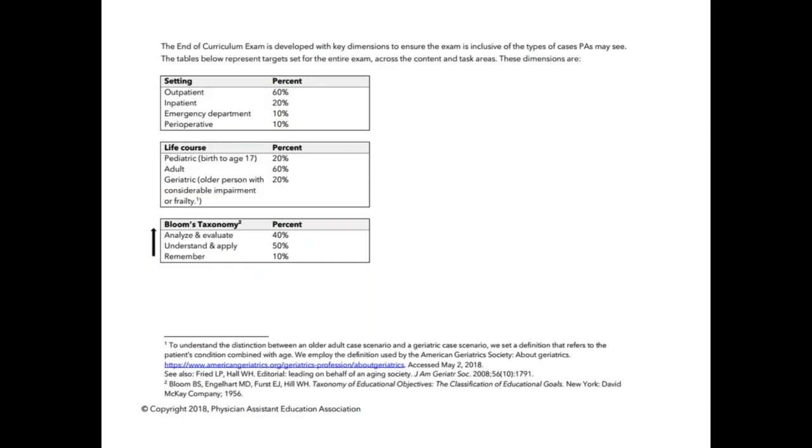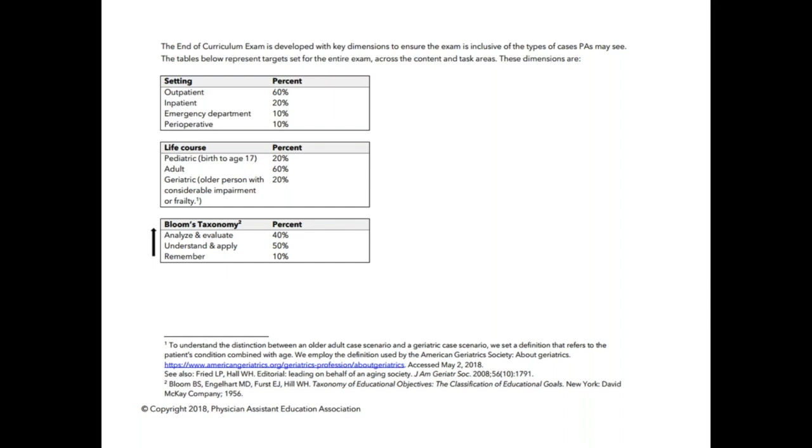The exam was developed with key dimensions to ensure the exam is inclusive of the types of patients PAs may see, which are outlined in the guiding principles. As you can see from the tables here, there are target areas set for the entire exam across the content and task areas. So for setting, we have outpatient, inpatient, emergency department, and perioperative.